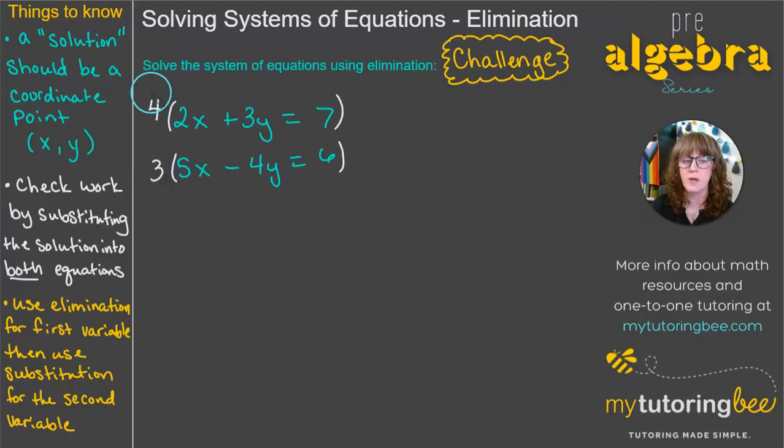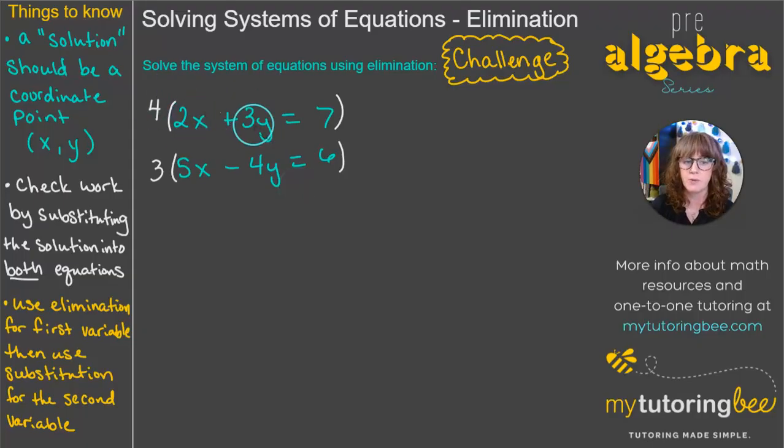When I multiply 4 times this y term, that's going to give me a positive 12y. And when I multiply the 3 times the y term, that's going to give me a negative 12y. Okay, so let's go ahead and do that and rewrite our equations.